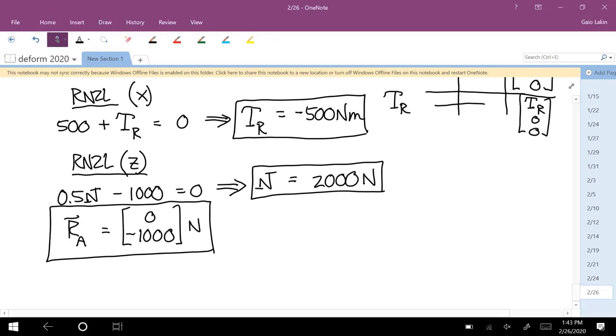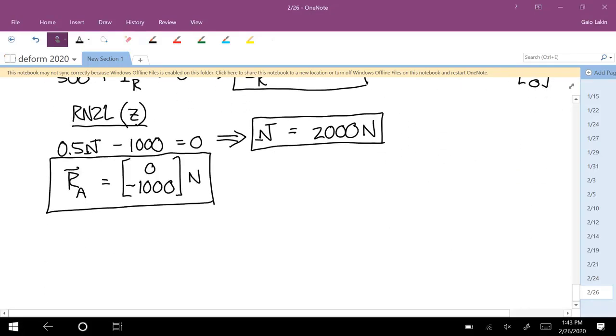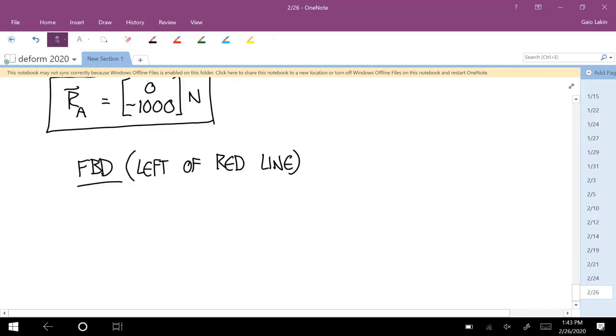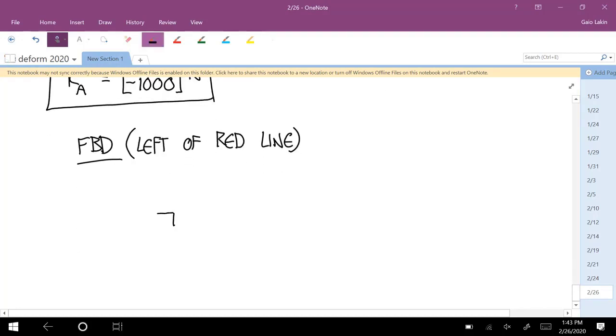Okay, so now we have the external loads. Now we're going to calculate the internal loads. So free body diagram of the left, like everything left of the red line. So that's the piece. And then there's all this stuff that's not included in our free body.